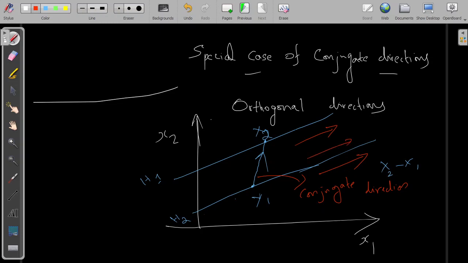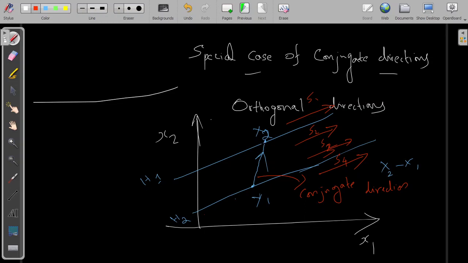So I'm considering a number of vectors like s1, s2, s3 and s4. These 4 vectors are parallel to the hyperplanes h1 and h2.